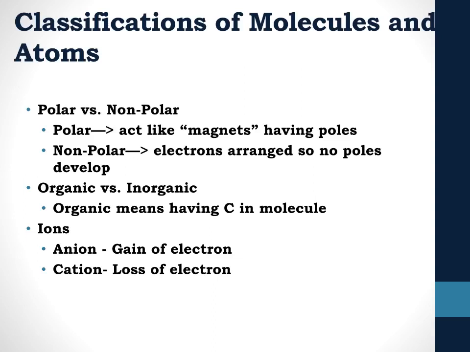The next thing we have to worry about in terms of classifications is the organic versus the inorganic. Simply put, organics, molecules that have carbon. Inorganic, everything else. Anybody taking OChem? Organic chemistry? Those of you planning on going into medical fields will most likely have to take organic chemistry at some point in time.